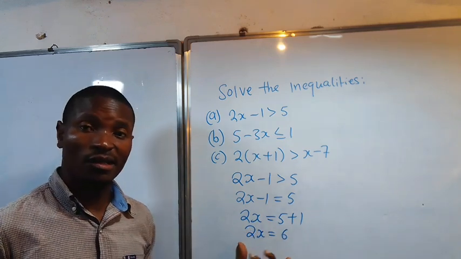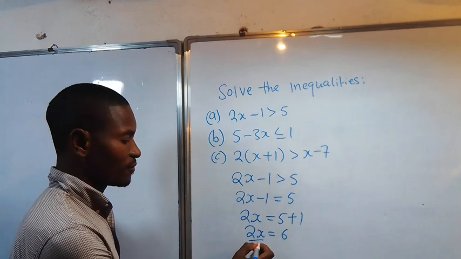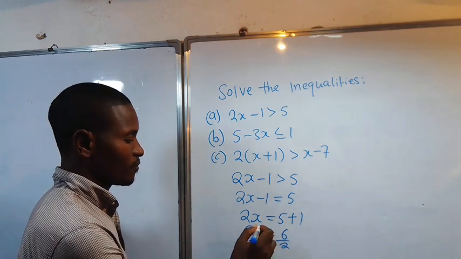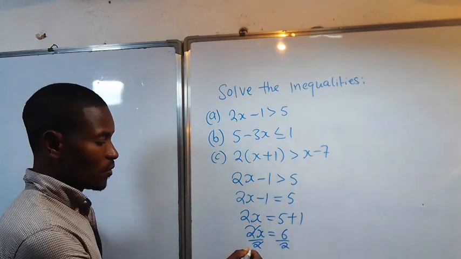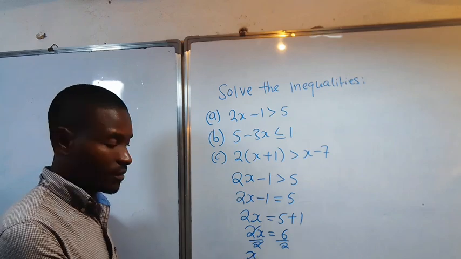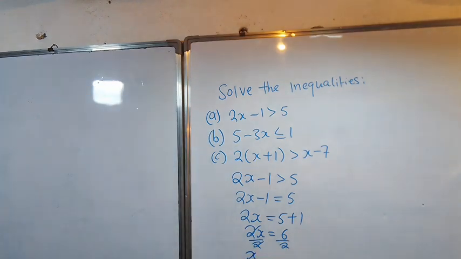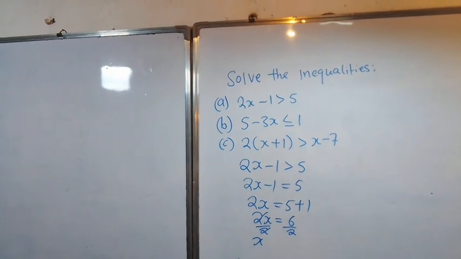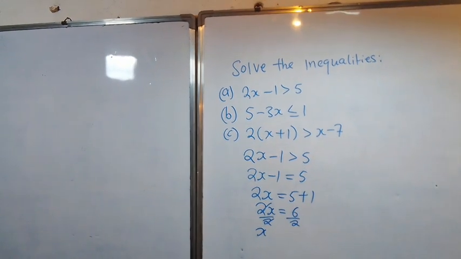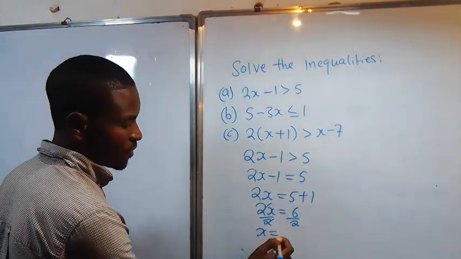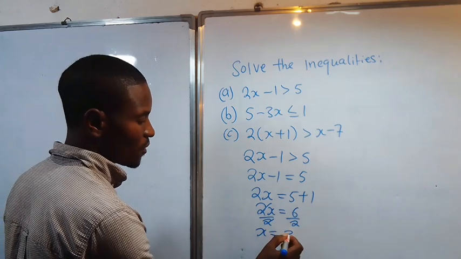Once you have this, then you can just divide both sides. So what you have is x equals, 2 into 6, just 3.